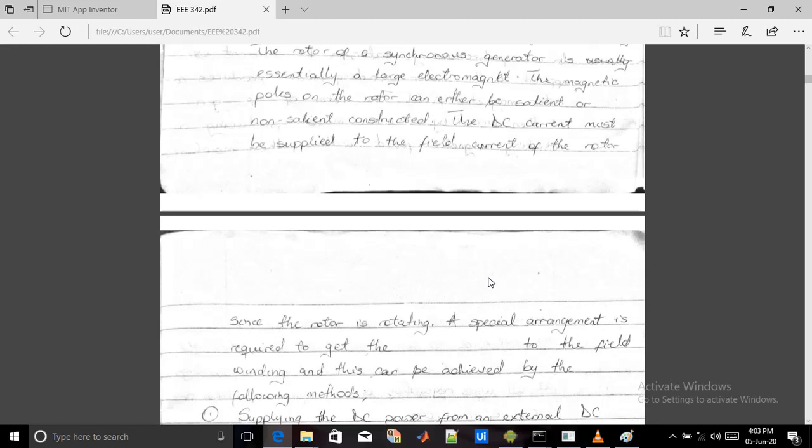So now, to avoid entanglement of the wire that passes the current from the DC source to the field winding, to avoid having any issue or entanglement of the wires, we must employ a special arrangement in order to avoid this problem.